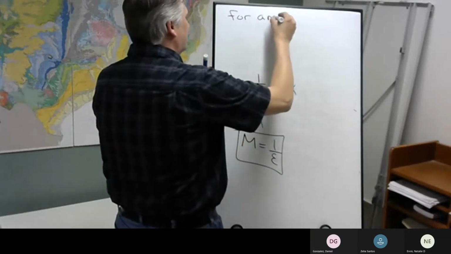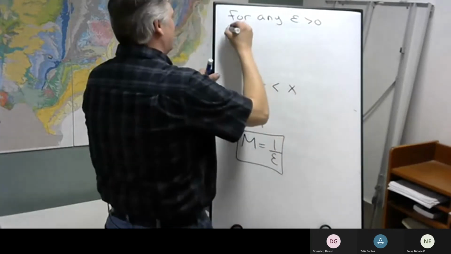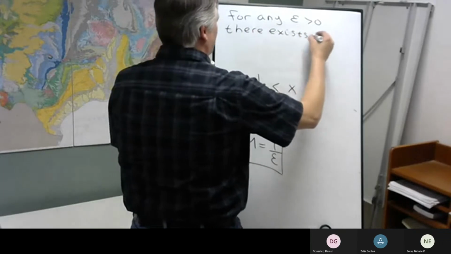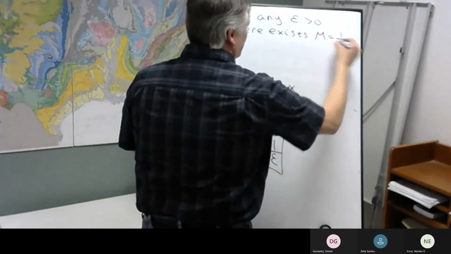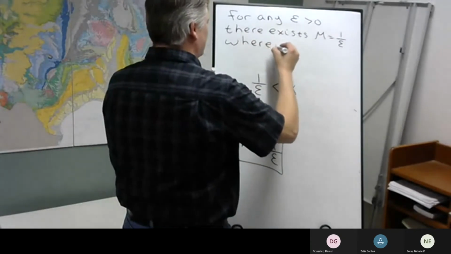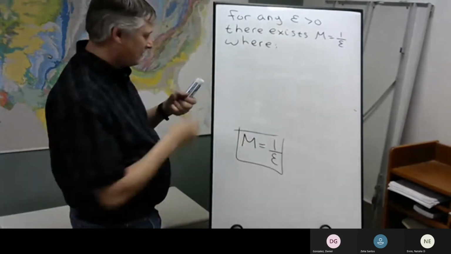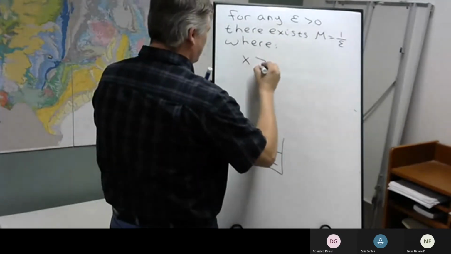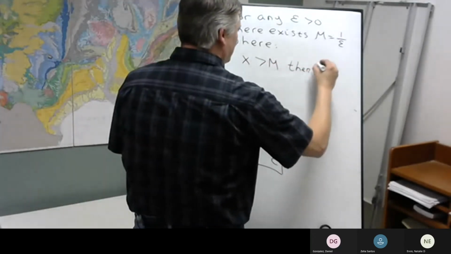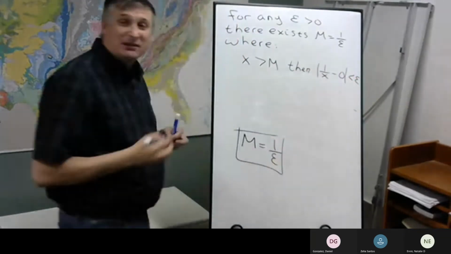For any epsilon greater than 0, there exists m equals 1 over epsilon, where x greater than m, then 1 over x, its distance with 0, is less than epsilon.